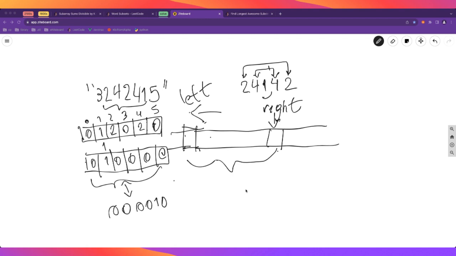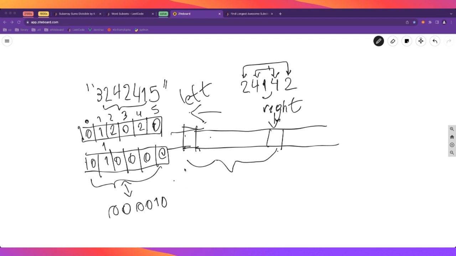Great, yes, exactly. This is like a twist on these techniques. You might not recognize that these techniques apply initially. So we have a range query. When you have a range query, a usual technique is to use prefix sums.